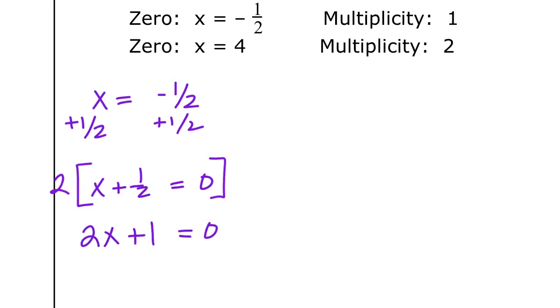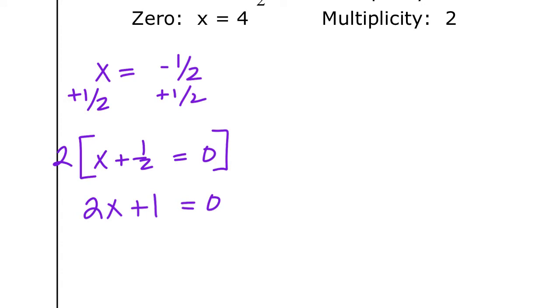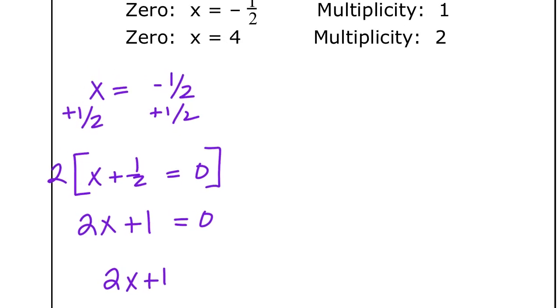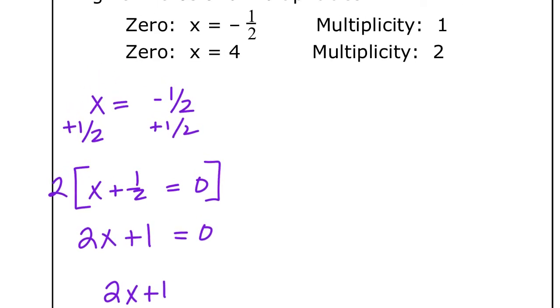So that looks a lot cleaner. We're going to use that as our factor: 2x plus 1. Also, make sure you take note that for the zero of negative 1/2, it told us that it has a multiplicity of 1. So your factor here is going to be raised to the 1 power.